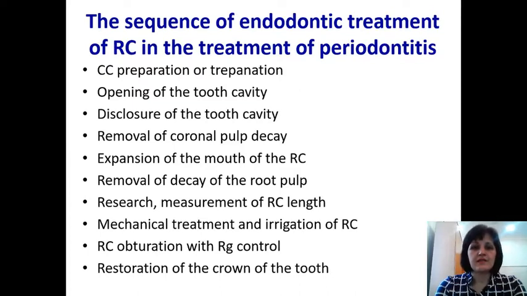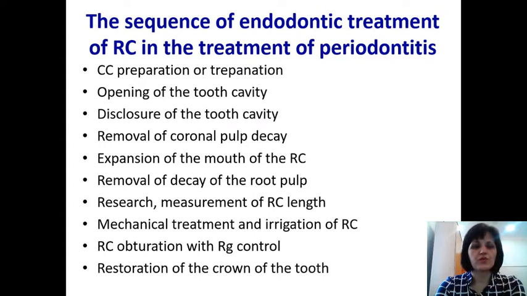And the sequence of endodontic treatment of the root canal during periodontitis includes the following stages. The first stages are the same as in pulpitis. First, we have to prepare the carious cavity or do trepanation of the cavity. Next, opening of the tooth cavity.